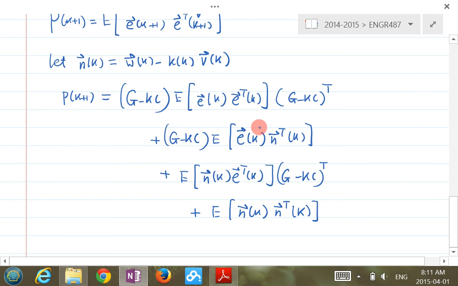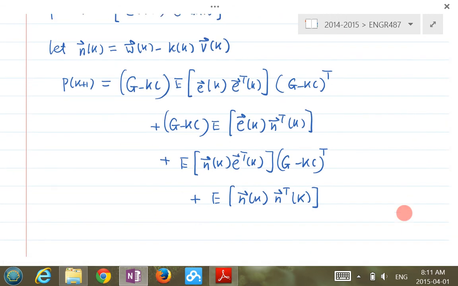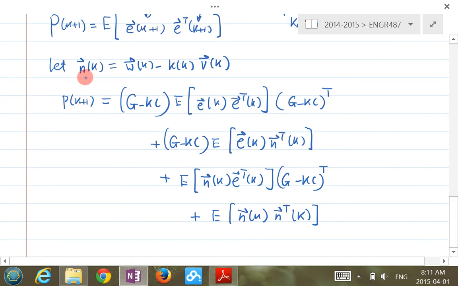Again, the k here is the Kalman filter gain. Looks like there's a pretty long expression here, right? But if you recall the definition of n, which is this guy here, this is a noise.